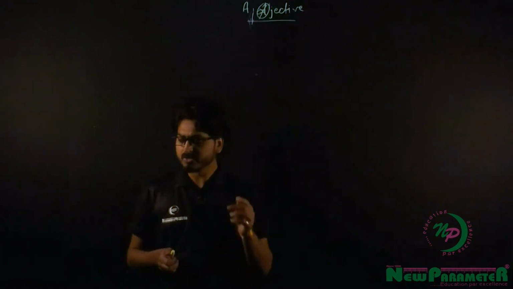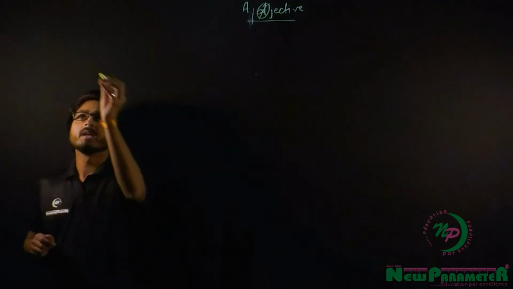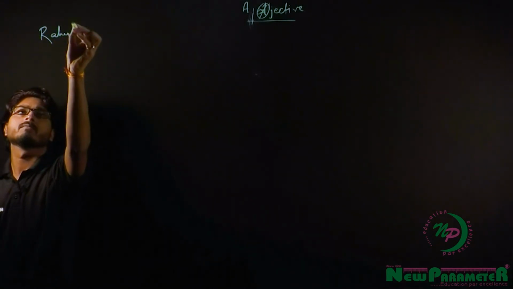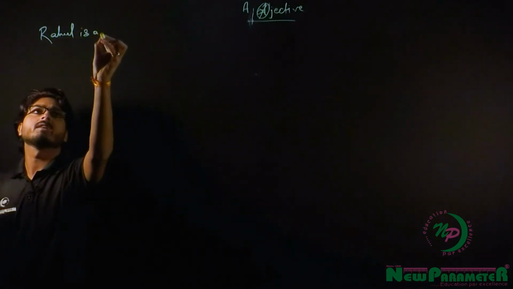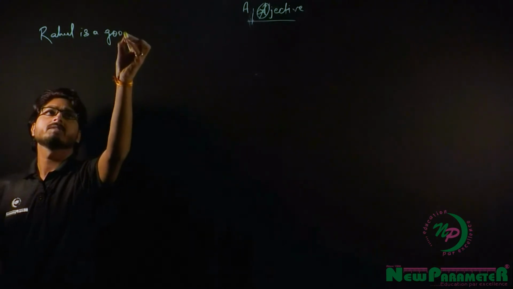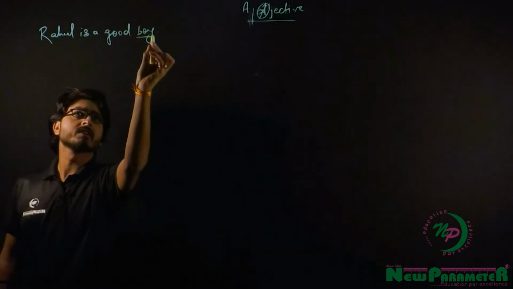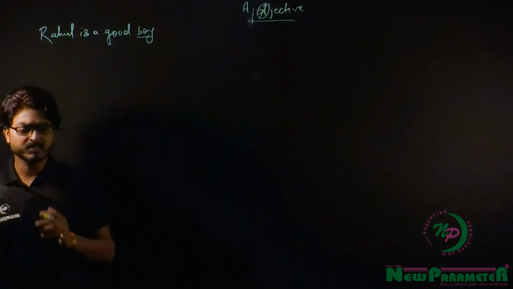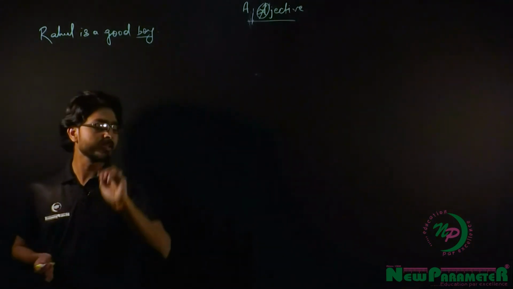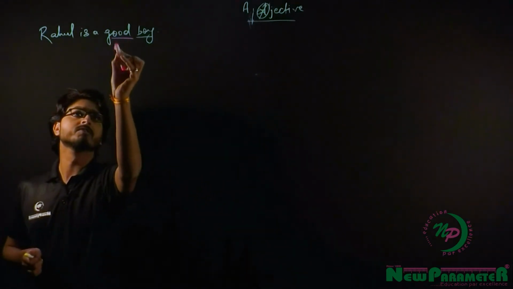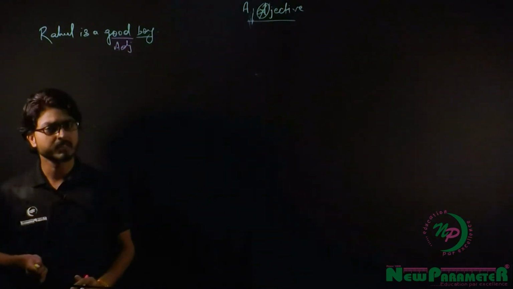Adjective. So we see, for example, if I say Rahul is a good boy. As we know, boy is a noun. So what is the details of this boy? We have a details that this boy is what? Good. So we can say this is an adjective.